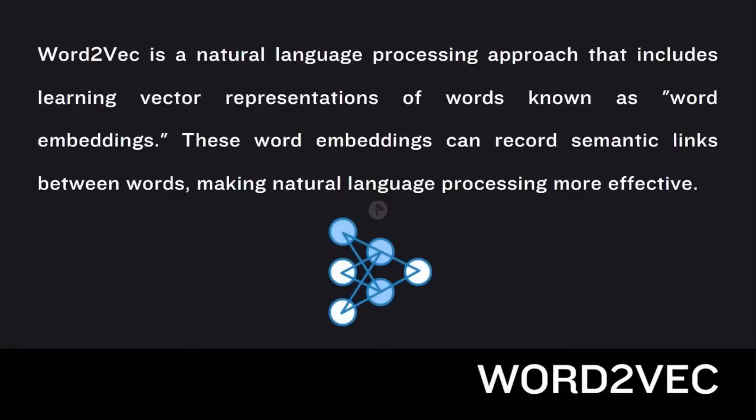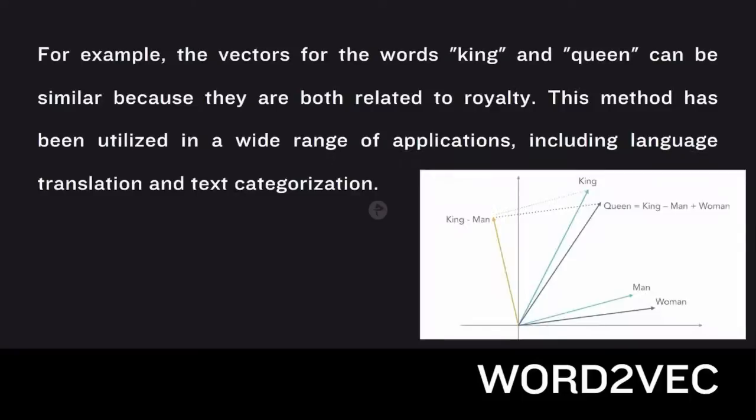These are related words. Maybe something like food and banana, they are related, because you need to convey the semantic link between words, and this can be done in a more effective way with word2vec. For example, the vectors for the words king and queen can be similar because they are both related to royalty, and this method has been utilized in a wide range of applications including language translation and text categorization and so on.